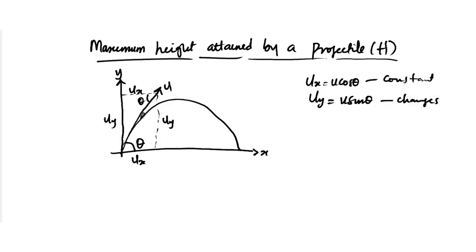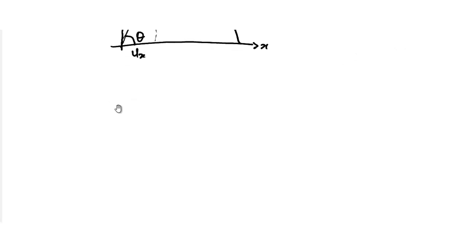Now, when a projectile is projected, one thing is that at maximum height of a particular projectile, be it projected at an angle or not, the vertical velocity is equal to 0. How do I mean? Let me scroll up. For instance, if you project a body vertically upward, let me just use this illustration.